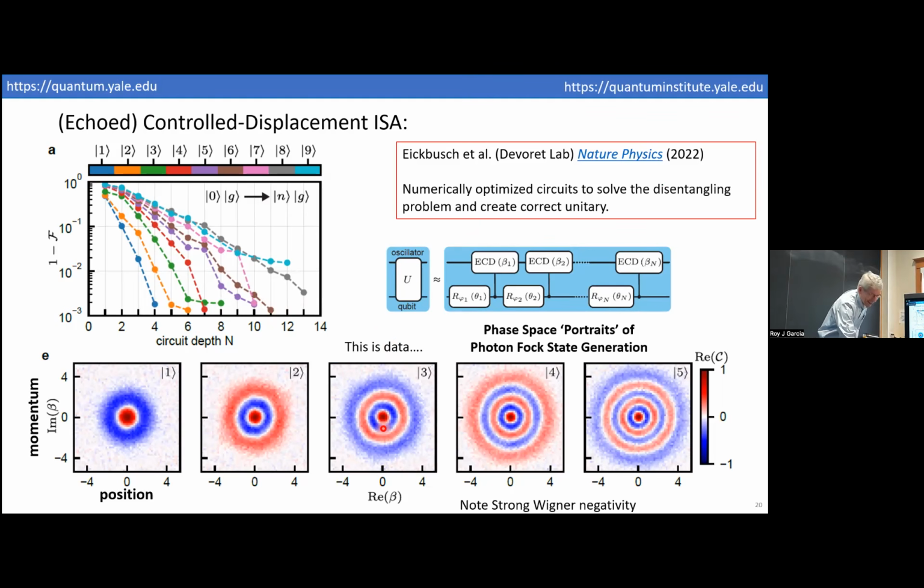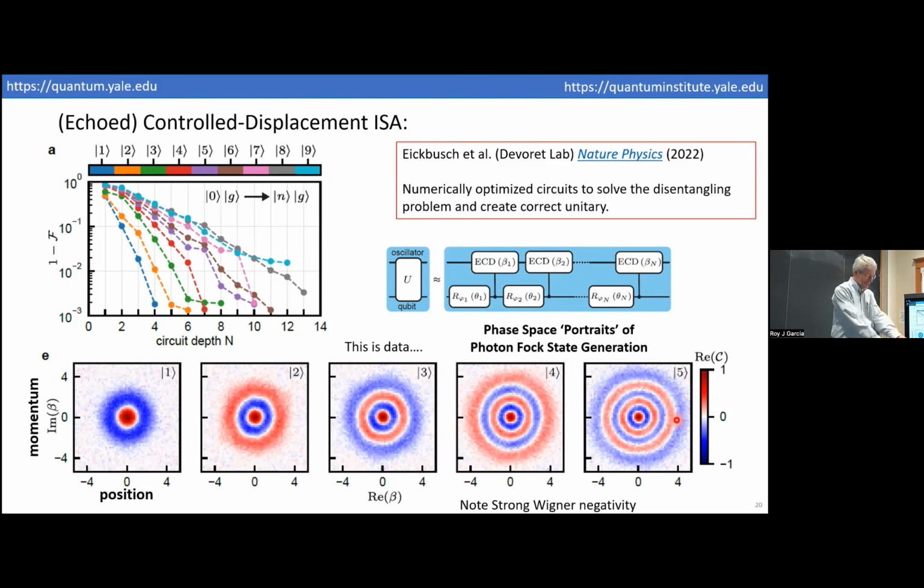And then the number of sign changes you see goes up and up as I increase the photon number. Red is positive, I guess this is actually the characteristic function. Red is positive and blue is negative. So the higher the Fock state, the more wiggles there are in the Hermite polynomials.